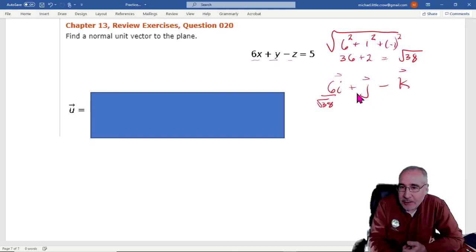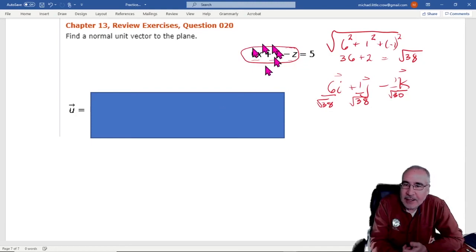And lo and behold, put a 1 there, put a 1 there. There's our unit vector. A normal unit vector to the plane. Remember, this means it's 90 degrees to the plane. So that when we have its equation, this vector is normal to the plane.